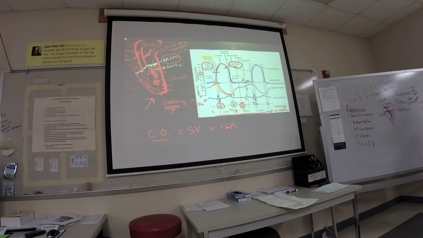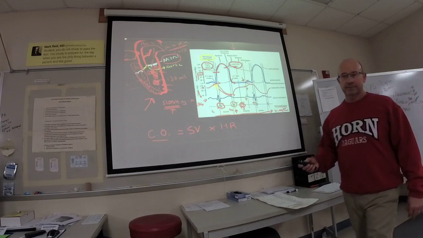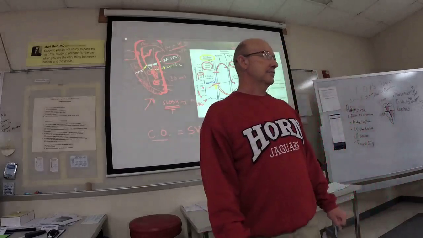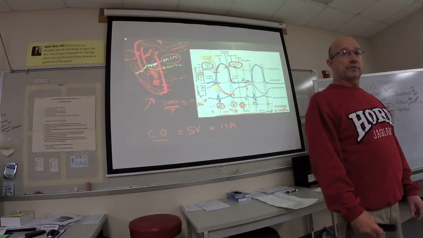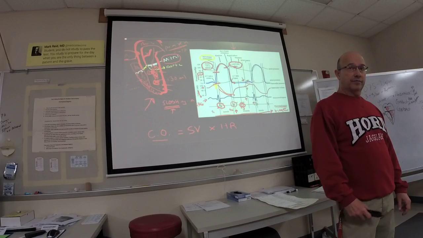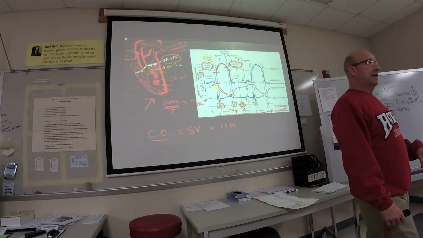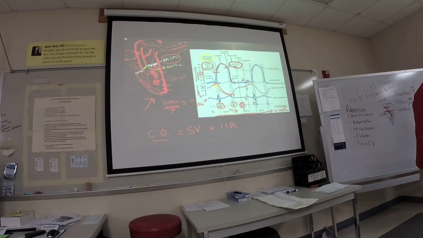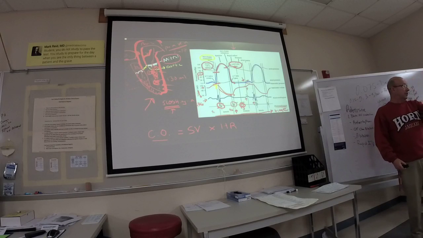What I want you to remember here, something that you already know: cardiac output equals stroke volume times heart rate. What is stroke volume? It's the amount in the ventricle that is pumped out after it fills. Not the amount in, that's diastolic pressure. With every contraction, the amount of blood that is pumped out is stroke volume.